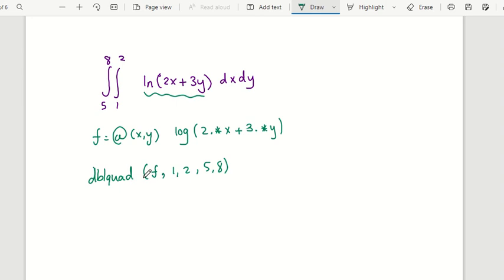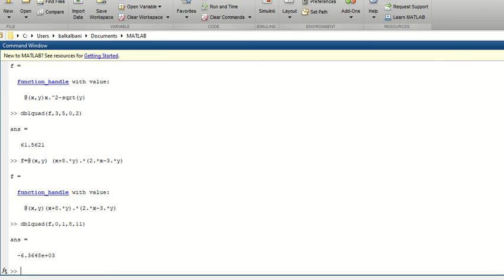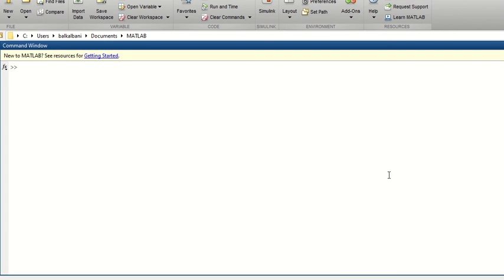Between here there is no space, only the space here. So we will write it in MATLAB. If you want to clean this, we write CLC to clean it.